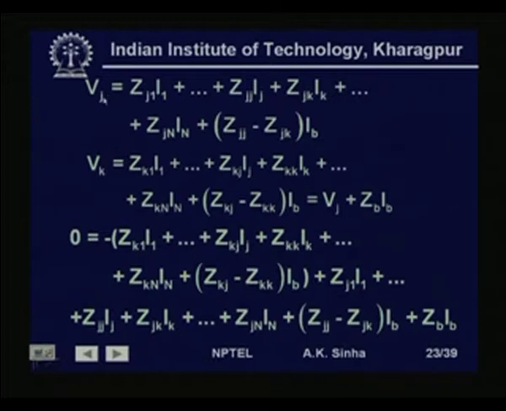Now, we can write the same thing for Vj. Vj will be Zj1 I1 plus up to Zjj Ij plus Zjk Ik plus all this plus Zjj minus Zjk into Ib. That is, we are saying at this bus, what is the current injection at bus J?